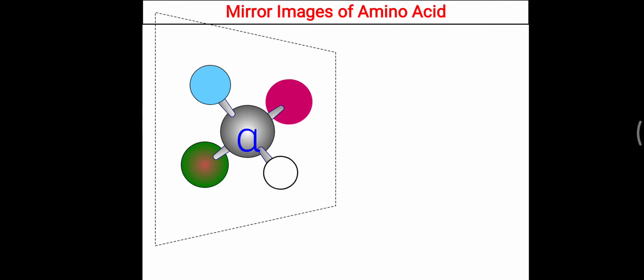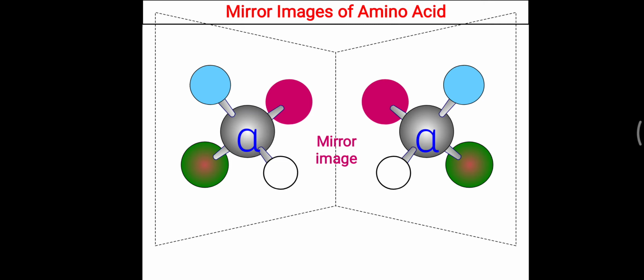Suppose you look at yourself in the mirror, what happens? Your left hand is seen as the right side in the mirror. The same thing happens in the molecule, making a mirror image with the same chemical properties but different arrangement, and the amino group's location differs. That is called a stereoisomer.